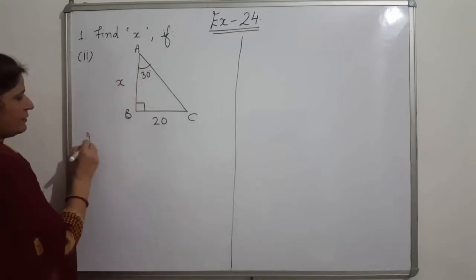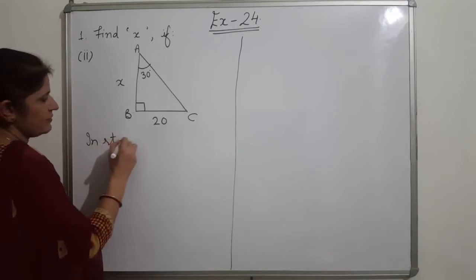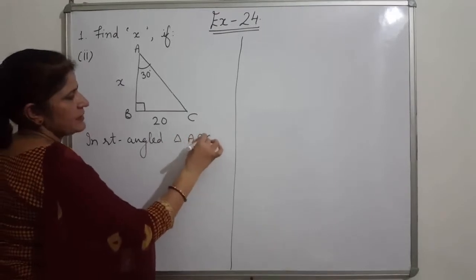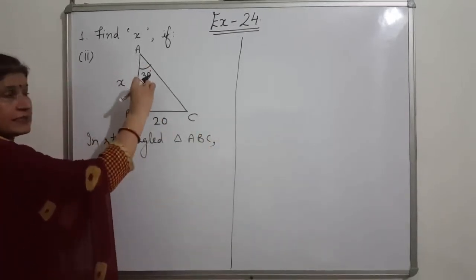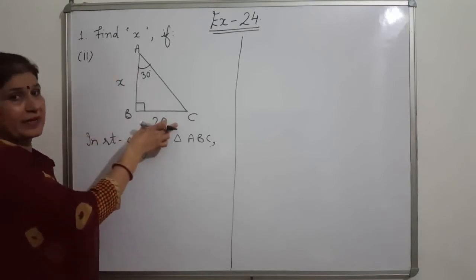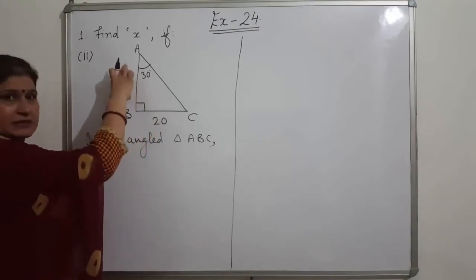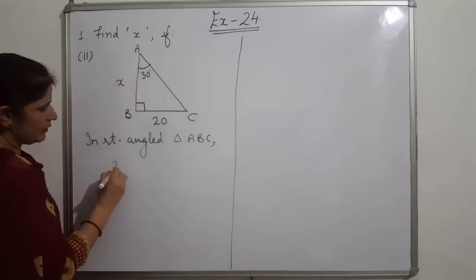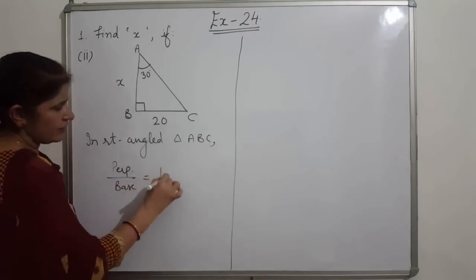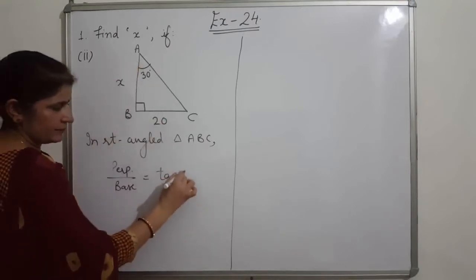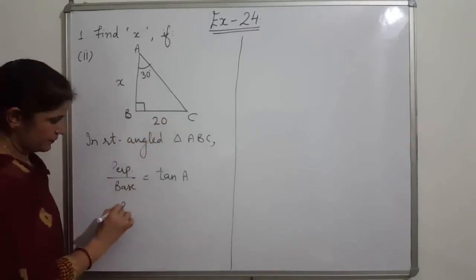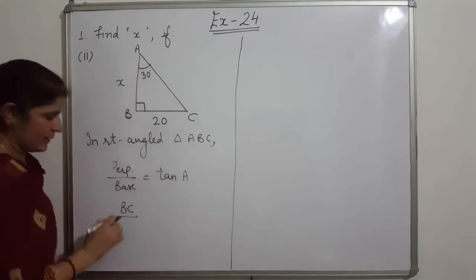So, in right angle triangle ABC, now, if this angle is given, AB is base, BC is its perpendicular. So, perpendicular over base is equal to tangent A. Now, substitute the value. Perpendicular BC. What is base? AB.